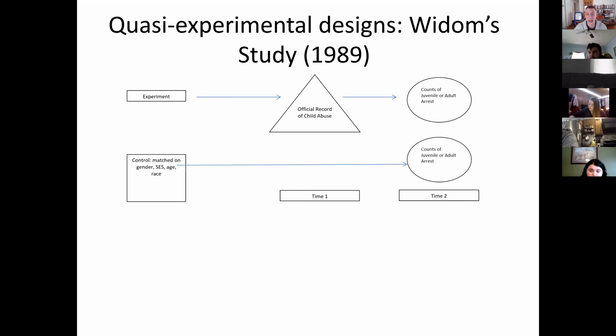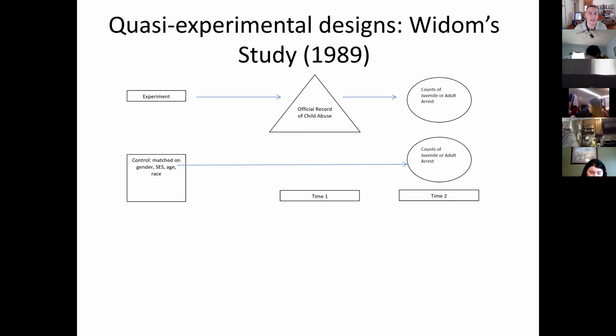And they looked then at counts of juvenile or adult arrest later on, and they found that indeed those who had an official record of child abuse were more likely to have a juvenile record and an adult arrest record.